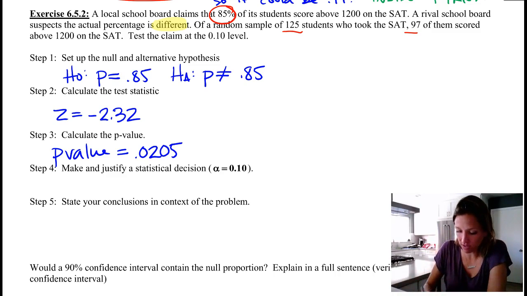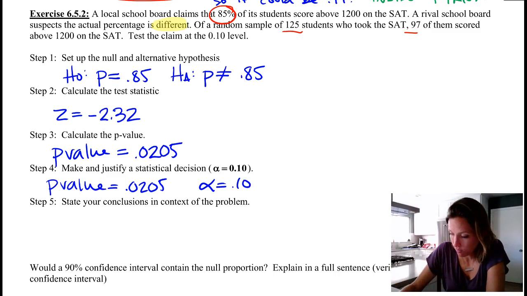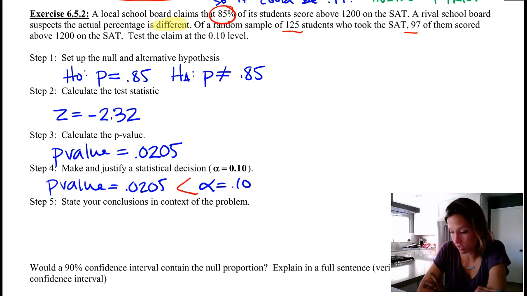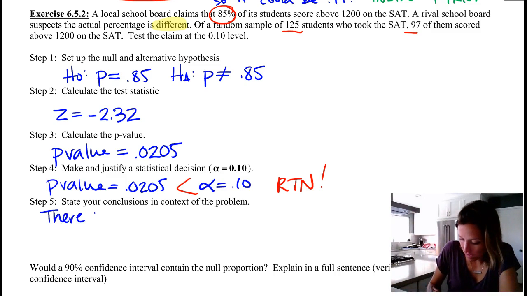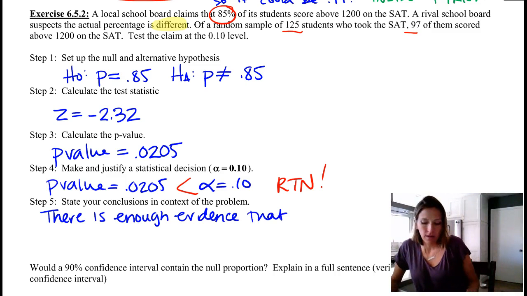And then we want to make and justify our decision. So how does that p-value compare to our alpha? And we can see, okay, well, 0.02 is less than that very conservative or not conservative value of 0.10, which means we can reject the null. Our p-value is low, so we get to reject the H naught. And our statement would start with, there is enough evidence, or there is sufficient evidence, right, that the true, and here's where we have lots of options.